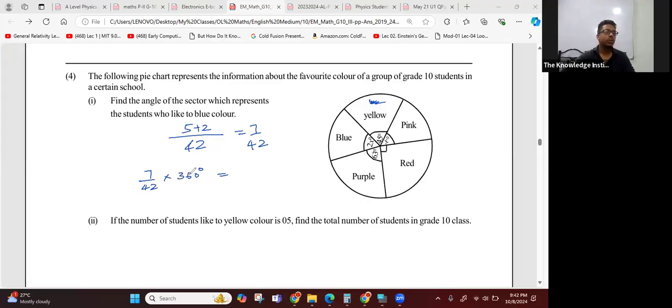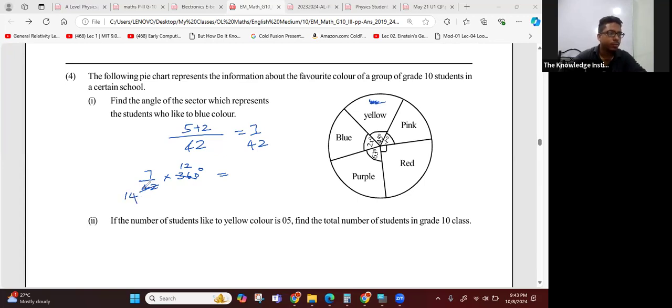Right. So 360 and 42, let's do the calculation. 42 is not a multiple of 12, no? Both can be divisible by 3. 3 into 12 is 36, and 42 is 3 into 14.